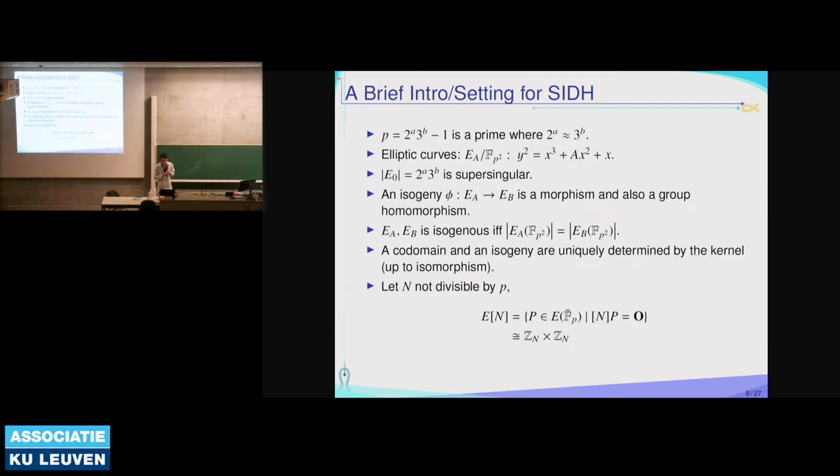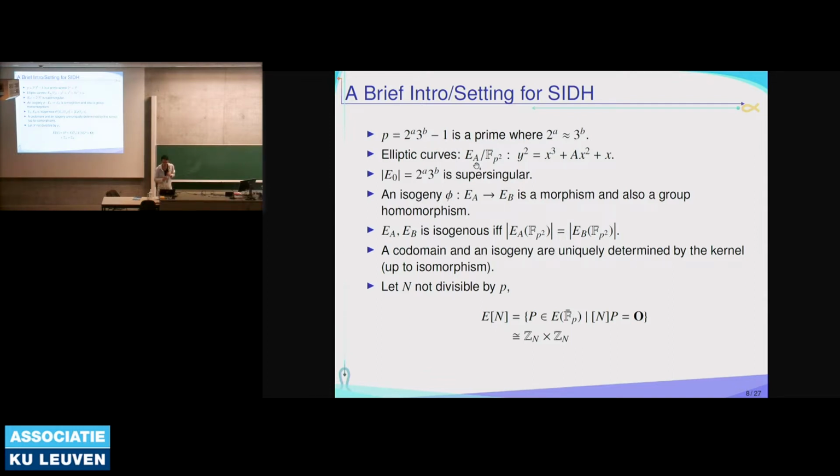So this is a brief intro, or say the setting of SIDH. The prime is of the following form: p is a prime number, 2^A times 3^B minus 1, and 2^A is very close to 3^B to prevent some torsion point attack.